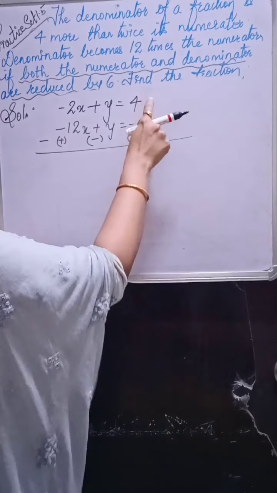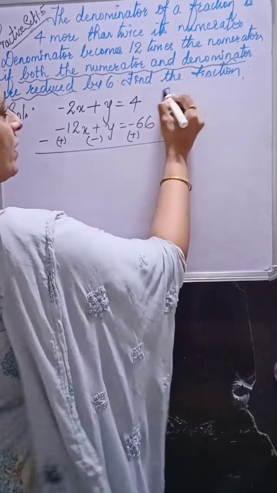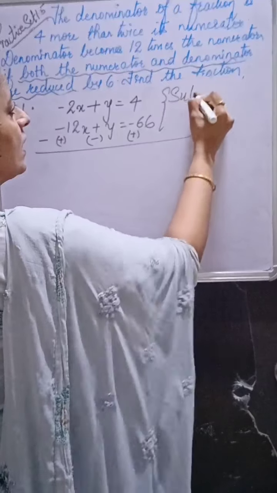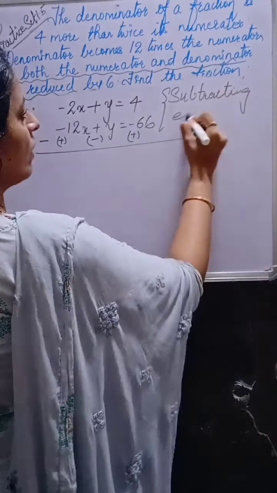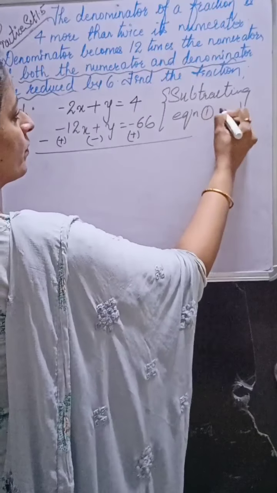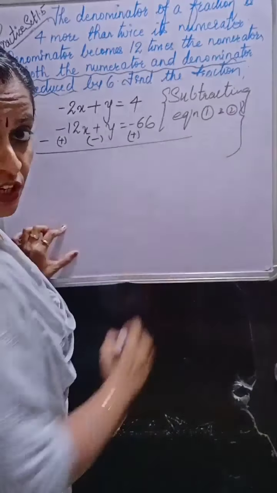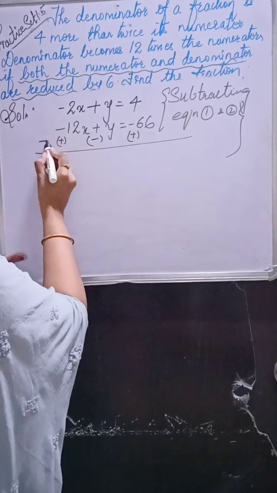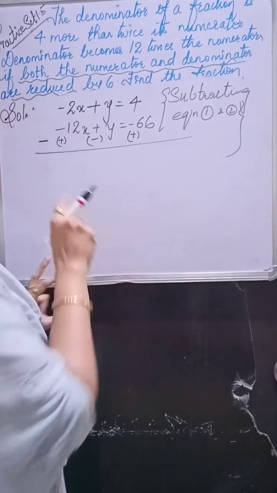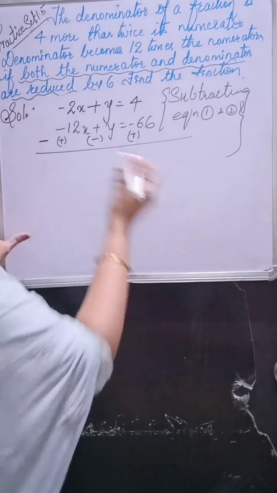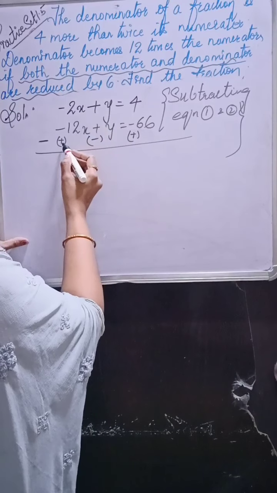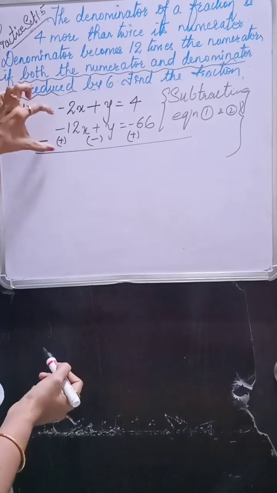If I copied the first and the second equation, we will write subtracting equation 1 and 2. Subtraction sign will change all the signs. Minus became plus, plus became minus, minus became plus. Minus 2x and plus 12x. See the new sign.